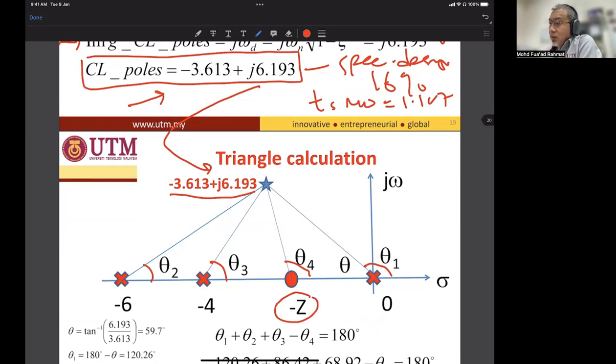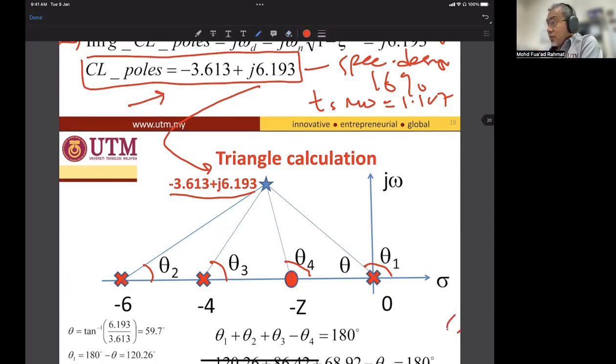You can put it over here as well, no problem. It's just an assumption. We locate it here between 0 and minus 4. Some students will ask, why do you put it here? Actually, you can put it anywhere as long as it's on the real axis.